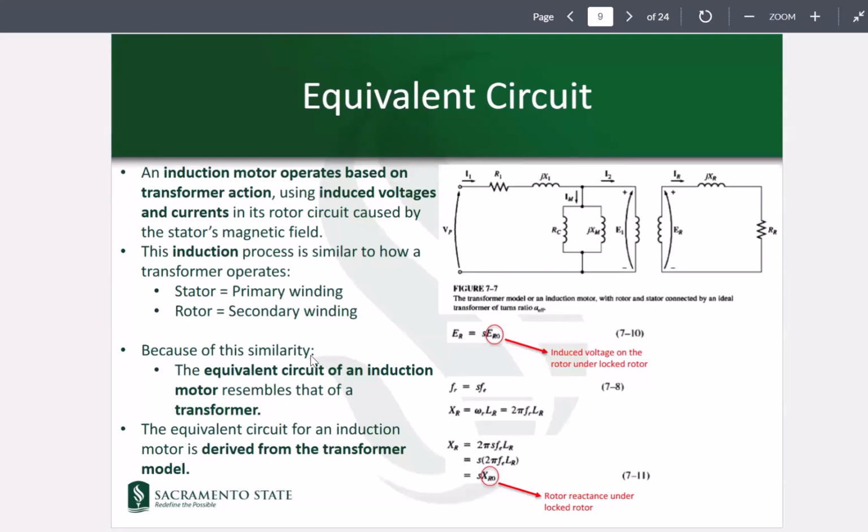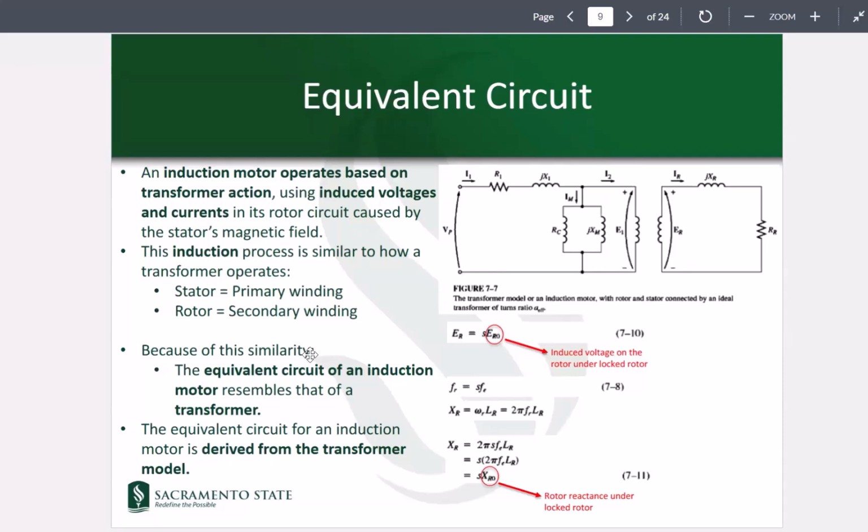So we can use the same concept to derive the equivalent circuit of the machine using transformer operation principles. Let's start here. An induction motor operates based on transformer action, using induced voltages and currents in its rotor circuit caused by the stator's magnetic field. The induction process is similar to how a transformer operates.